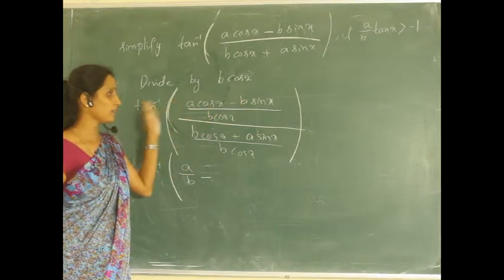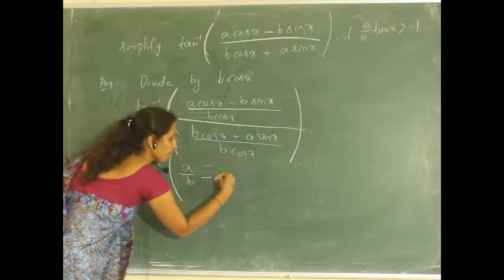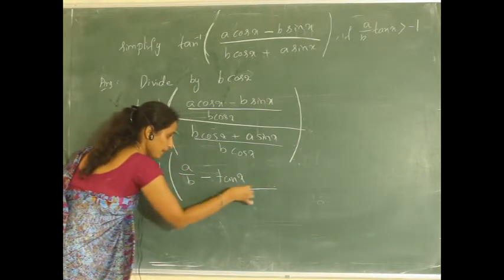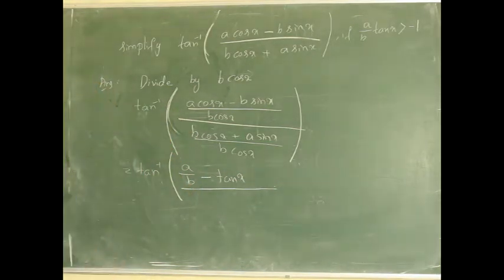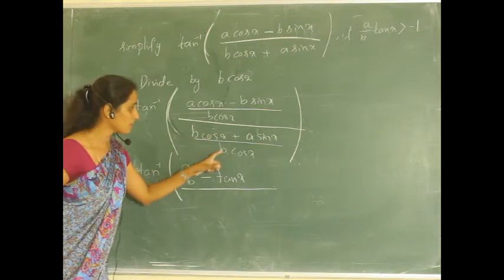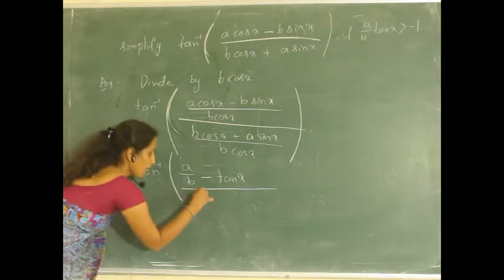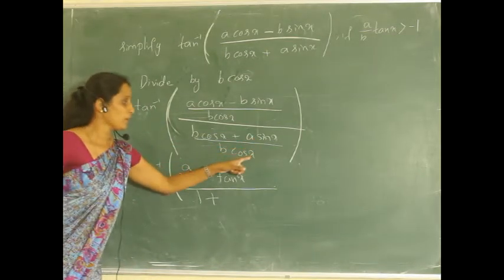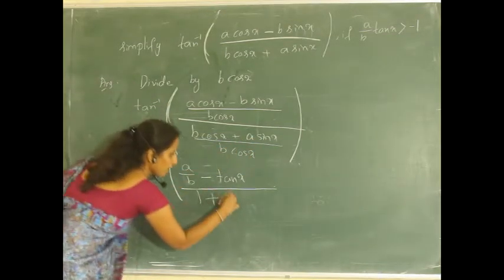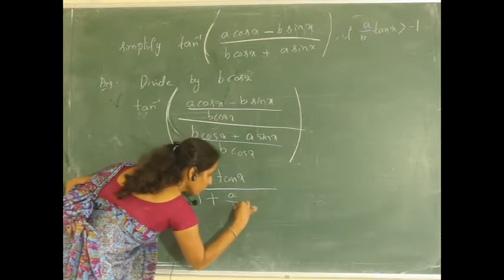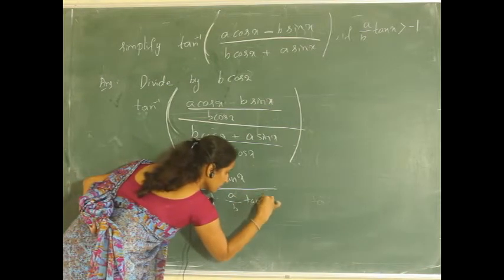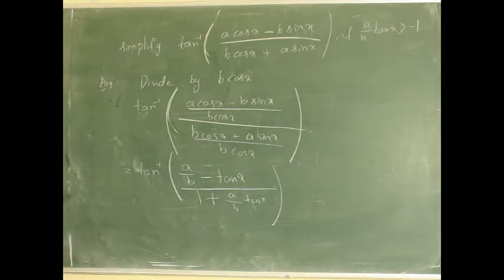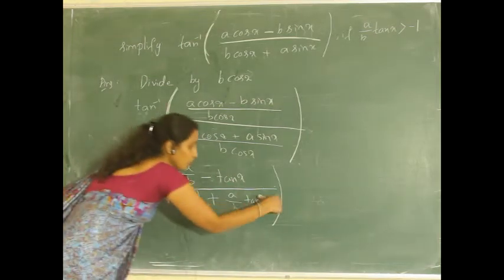B and B cancel, so we get tan x. In the denominator, B cos x cancels to give 1, plus sin x by cos x, which is tan x, so A by B tan x remains.